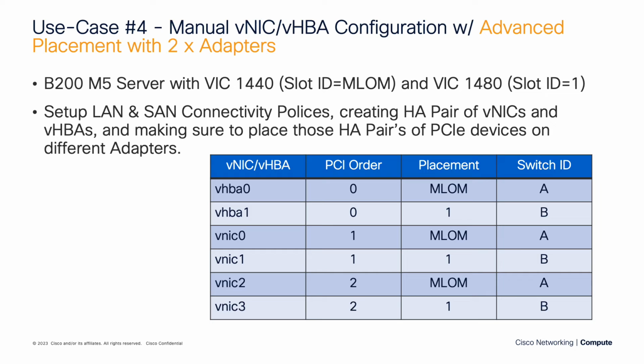And I've dispersed them across the different fabrics, A and B, and then I've moved on to my vNICs. So again, I've dispersed the HA pairs across the adapters. You've got 2 adapters there, you might as well use them, and might as well treat that as part of your HA. So with that, let's go on to the demo.